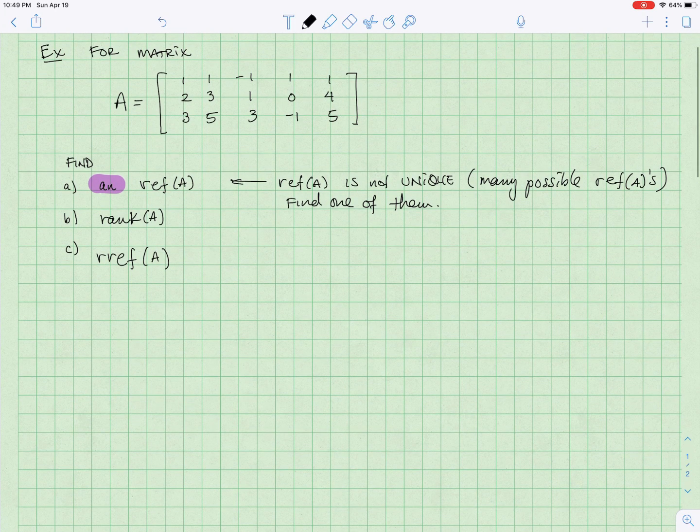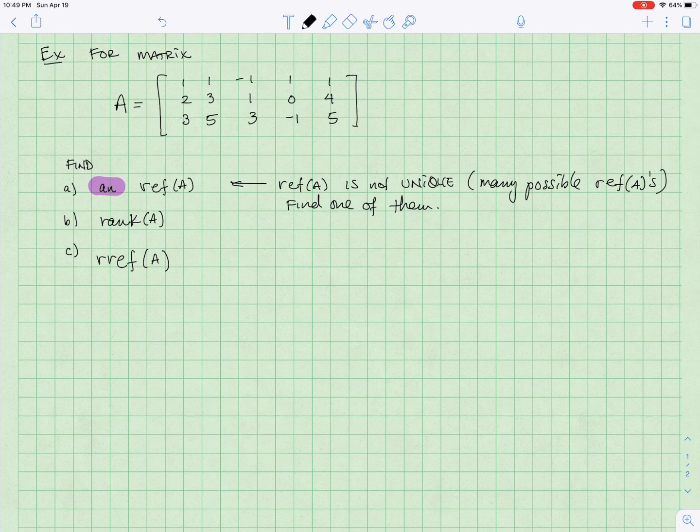Remember that in part B, to actually find the rank of A, by the way, the definition of rank A is mistakenly thought by some students to be the number of non-zero rows in A. And if you look, A doesn't have any zero rows, and you might say to yourself, well, the rank of A must be 3, but that's actually not the definition of rank.